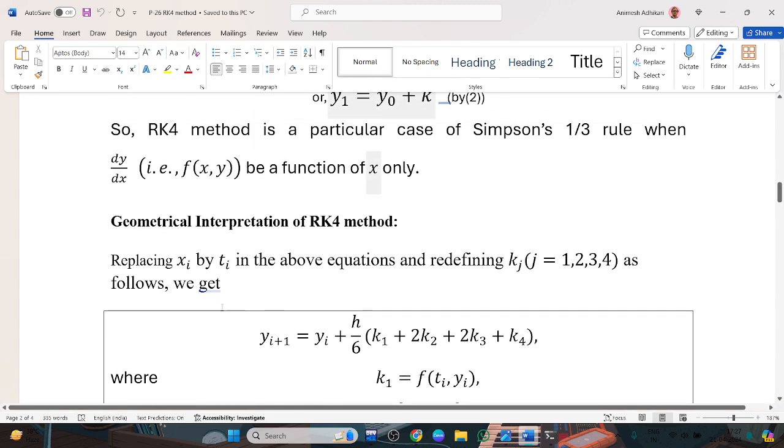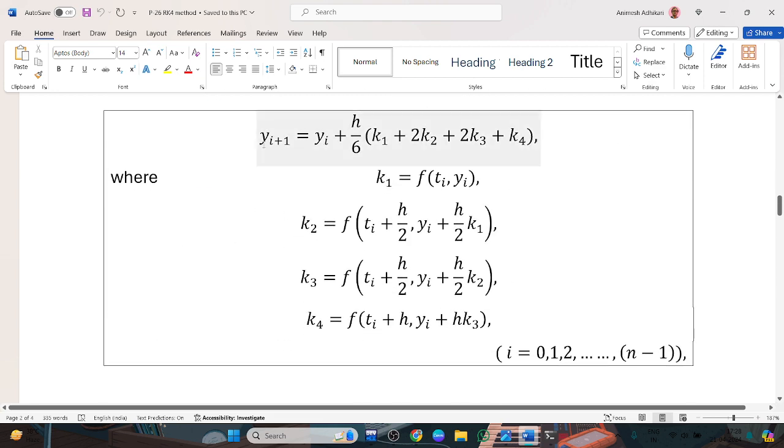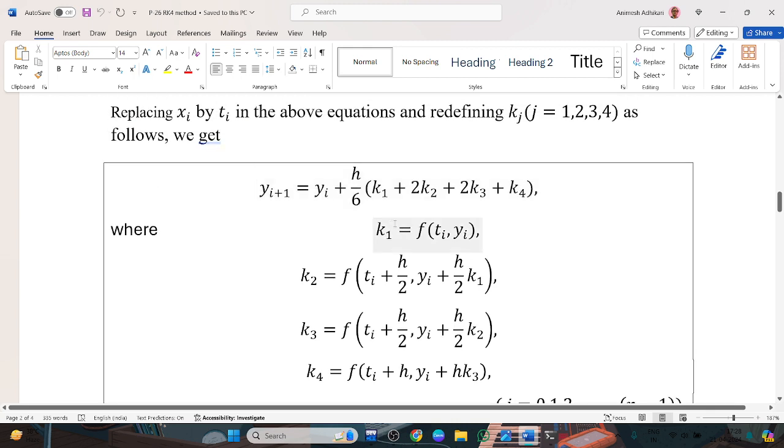Now we replace x_i by t_i, for the time variable t_i. We take the above equations and redefine k_j, that is k1, k2, k3, k4, as follows. We get y_{i+1} equal to y_i plus h by 6 times (k1 plus 2k2 plus 2k3 plus k4), where k1 equal to f of t_i, y_i.